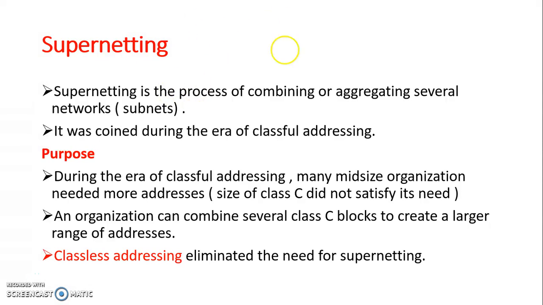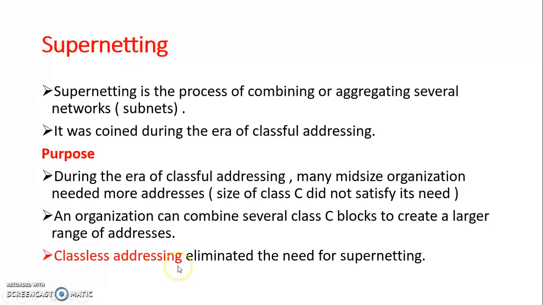That is, it was coined during the era of classful addressing to satisfy the huge demand of mid-size organizations which need more addresses. So this is the main purpose of supernetting. That is, an organization can combine several class C blocks to create a larger range of addresses. As I said, this technique is not used now. It is replaced by classless addressing.